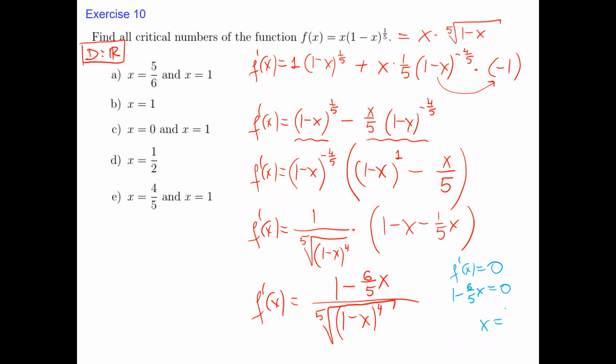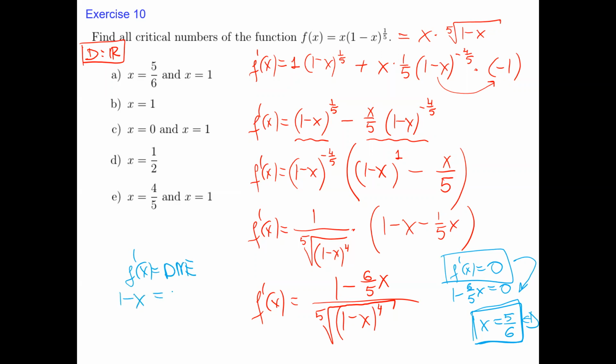Then x equals, we will subtract 1, this will be negative 1, and multiply by 5 over 6. x equals 5 over 6, that belongs to the domain, all of the numbers. That's the critical number.